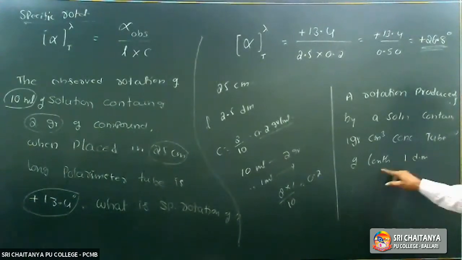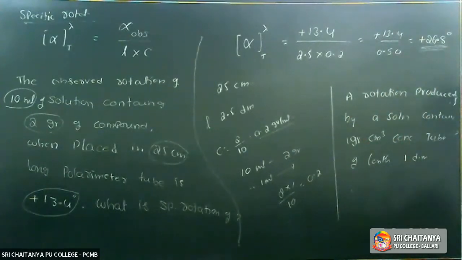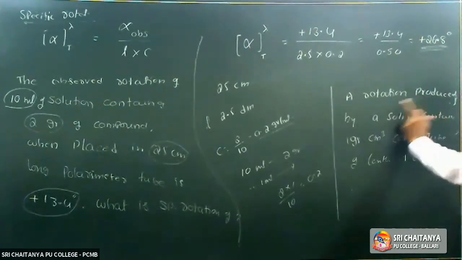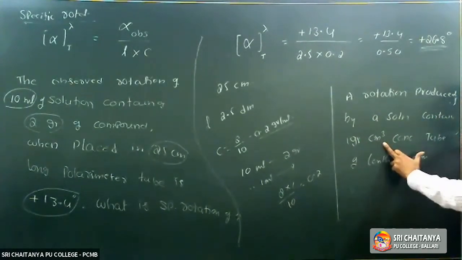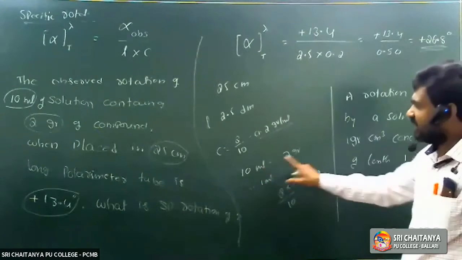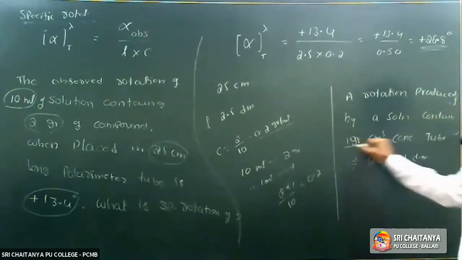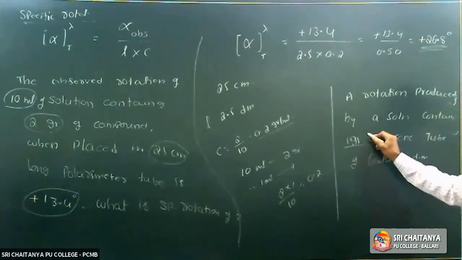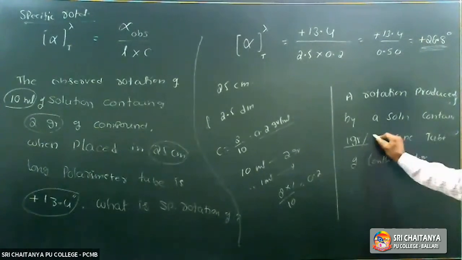Here 10 ml of solution contains 2 grams, therefore for 1 ml we require only 1 gram per cc. Centimeter cube means cc.